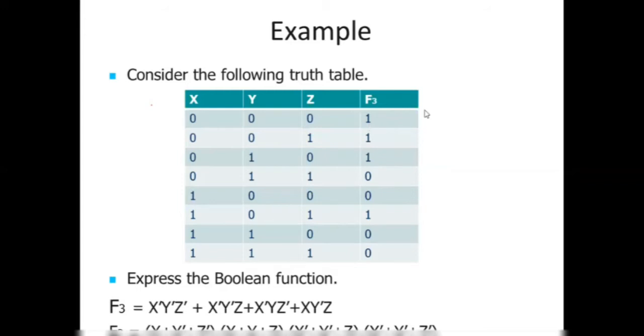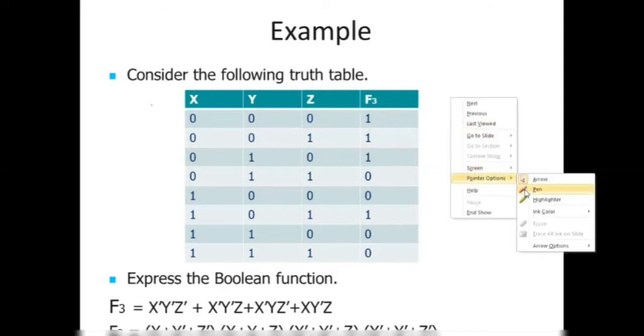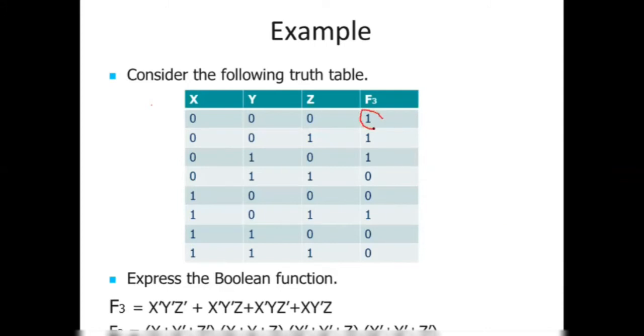So let's take one of these values and try to explain. This is written with what? Min terms. When you are writing with min terms, you have to take the product of each and every variable, primed if you see 0, and unprimed if you see 1.